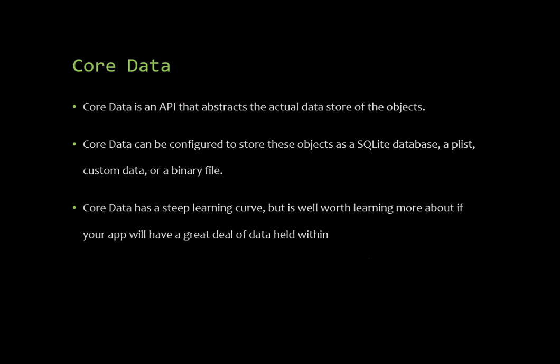Or you can also say it is data that you need to persist on the device in a non-trivial way, which is a textbook term. Instead, we can say any data which is complex, or very important. In that particular case, instead of going for plist, you can go for Core Data.